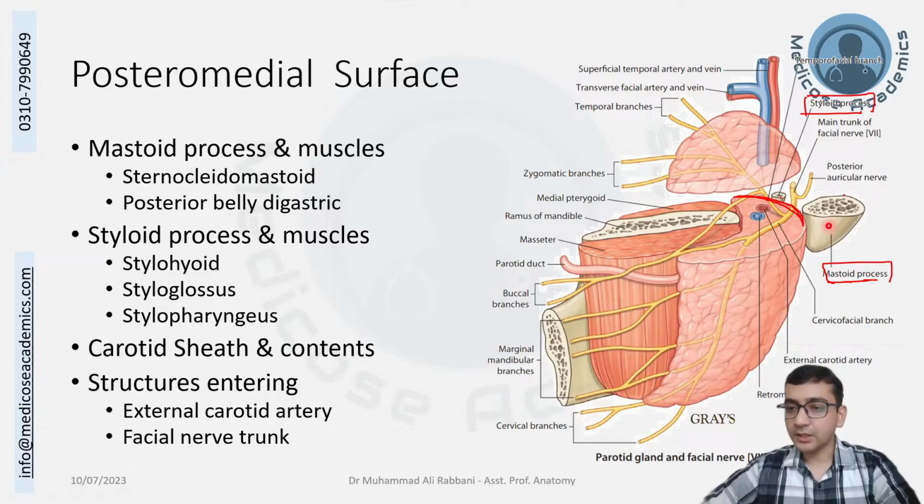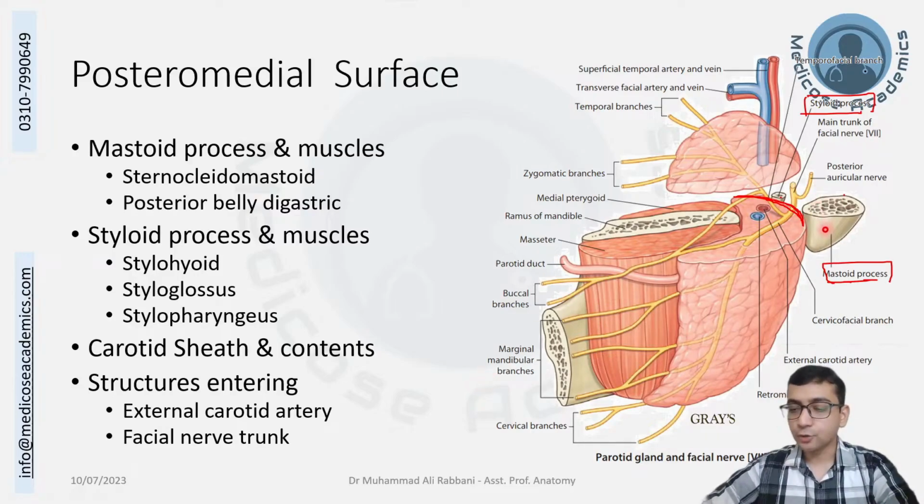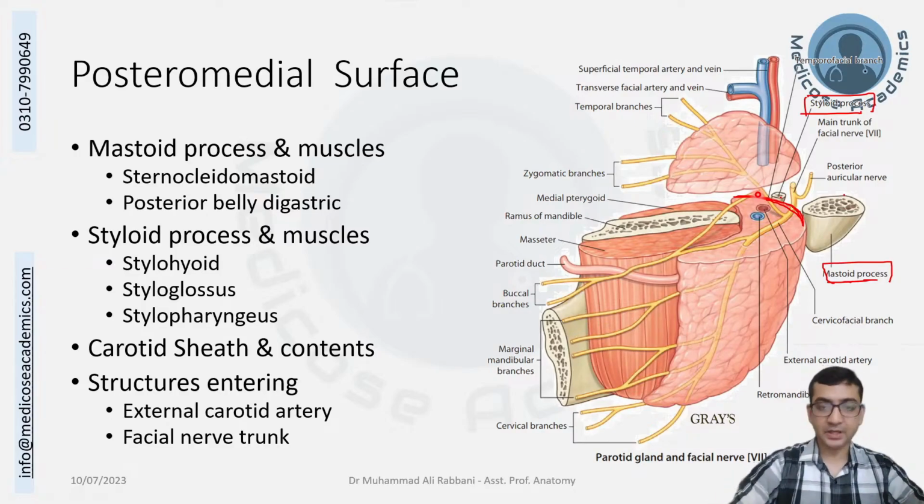That was one, a large strap-like muscle going like this, the sternocleidomastoid, and the other one that was going like this and up to the mandible, that was the digastric muscle. The posterior belly of digastric and sternocleidomastoid will be related to it, and then the styloid process and the three muscles that are attached to it, along with the styloid ligament, that is called the styloid apparatus.